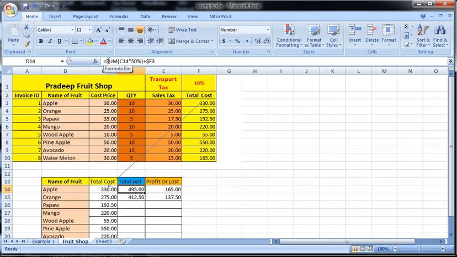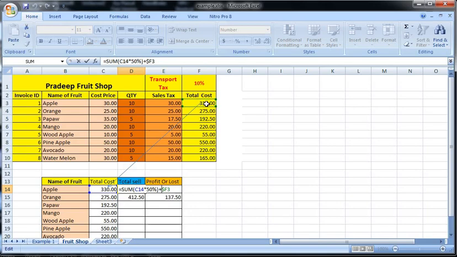I made a function using equal sum, and I said multiply the value of 330 by 50%. I have multiplied this value by 50% and added the total cost.